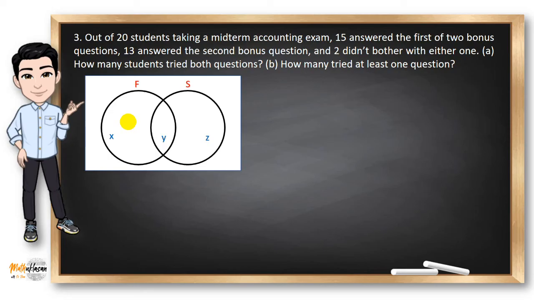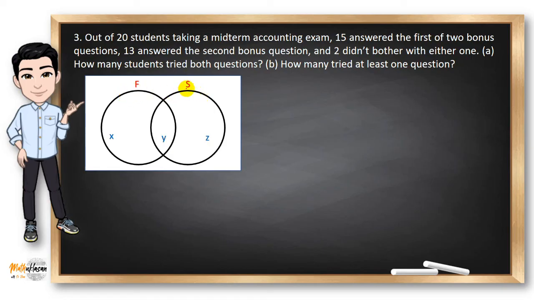For this example, out of 20 students taking a midterm accounting exam, 15 answered the first of two bonus questions, 13 answered the second bonus question, and 2 didn't bother with either one. So for this one, we have two groups of students again. The first set, which is F, represents the students who answered the first question in the bonus section.